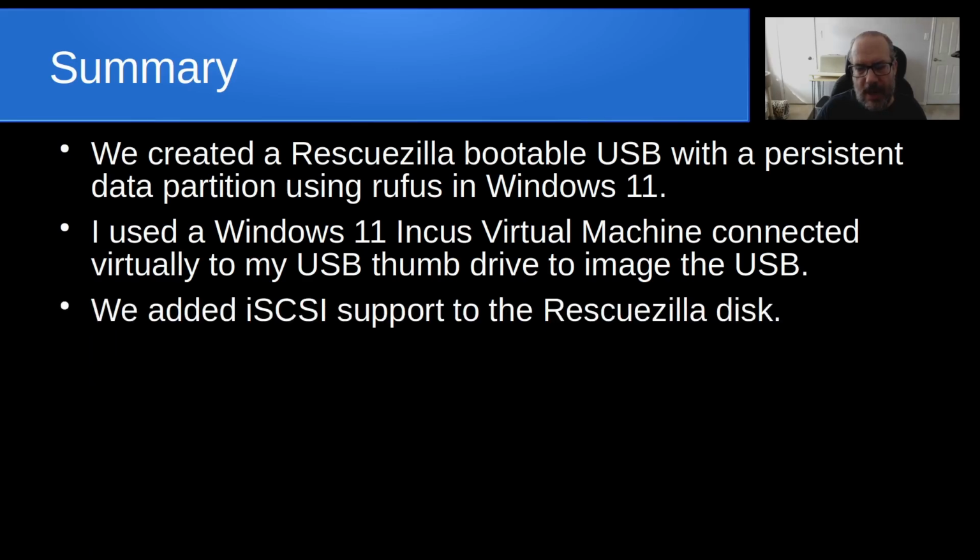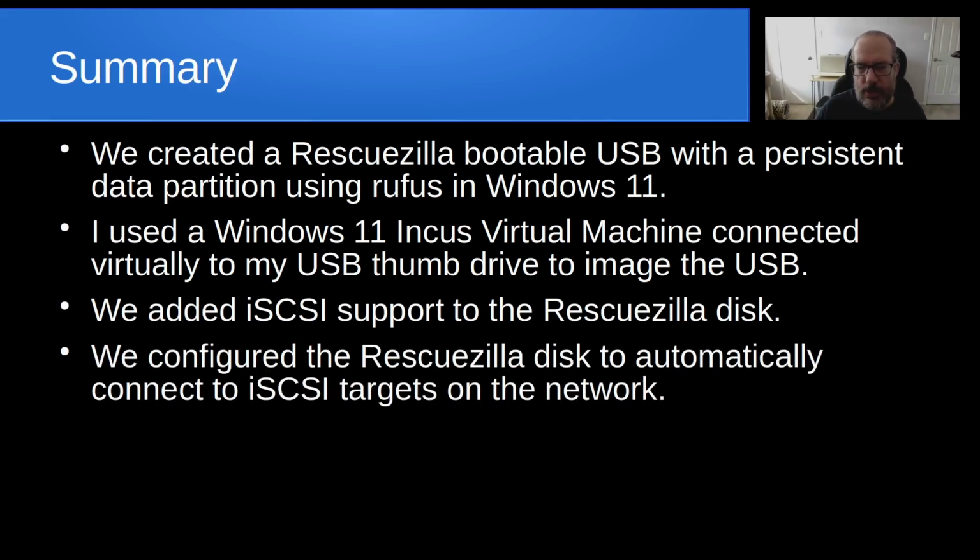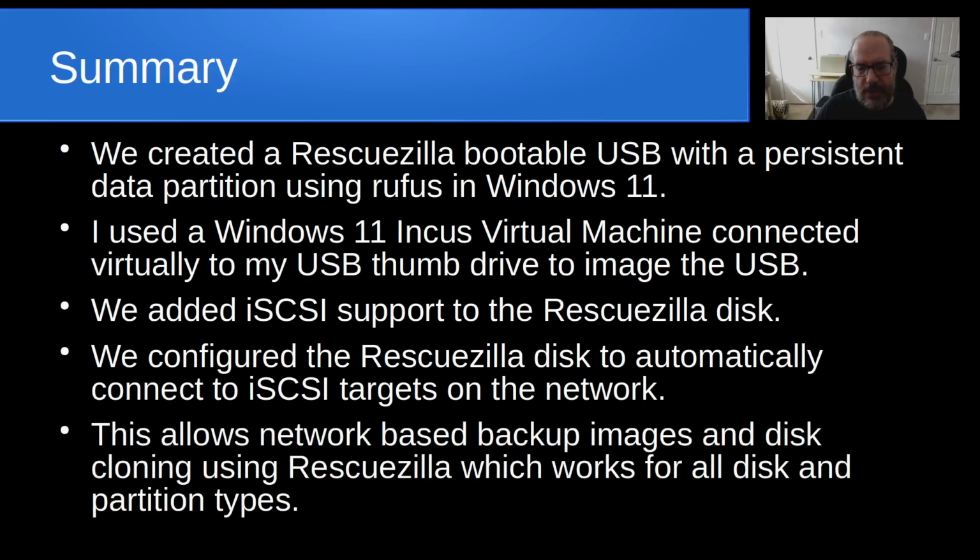And we added iSCSI support to the Rescuezilla disk. And we configured the Rescuezilla disk to automatically connect to iSCSI targets on the network. And this allows network-based backup images and disk cloning using Rescuezilla, which works for all disk and partition types.